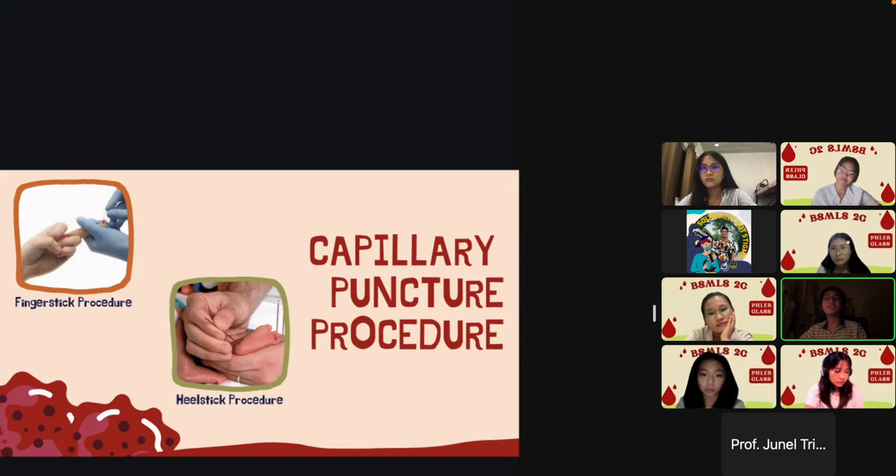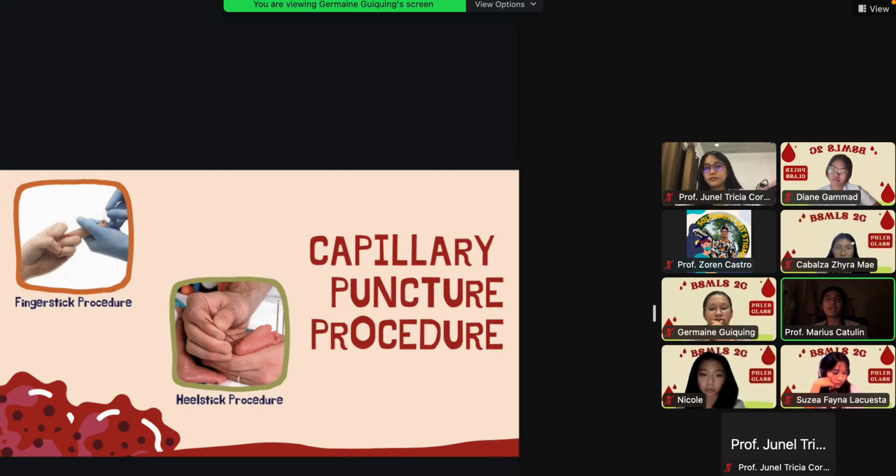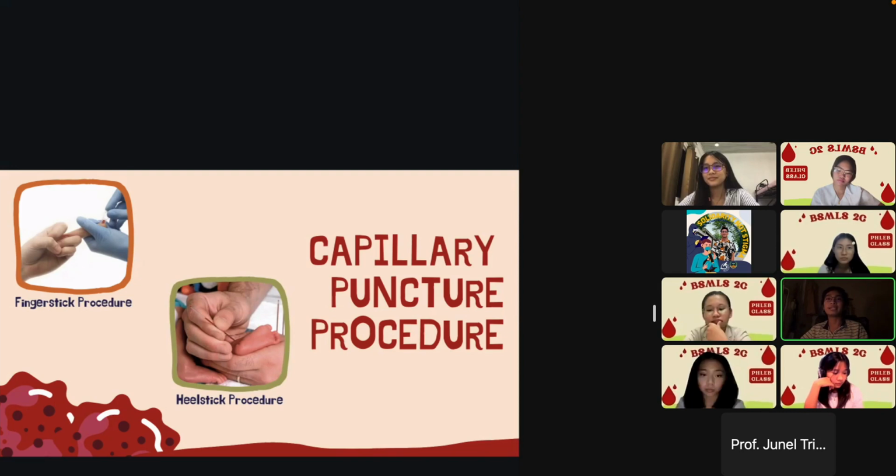Another difference is that the finger stick procedure is usually for patients who are 1 year old and above, so these are adults and infants who are 1 year old or older. The heel stick, on the other hand, is for infants or newborns below 1 year. Yes, so these are your newborn infants. Okay, next slide.